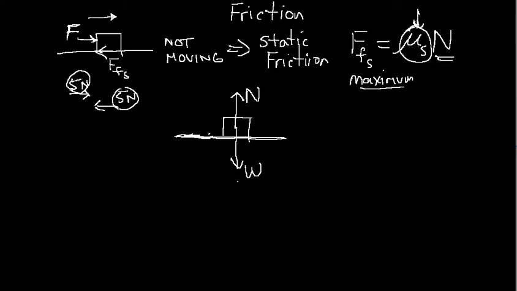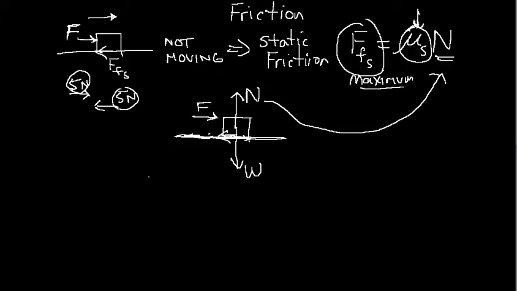If you take this quantity and plug it in there, you will get the maximum force of static friction that the box will exert, let's say in this direction, if you start to apply a force in that direction. So the force of friction is completely dependent on this normal force.